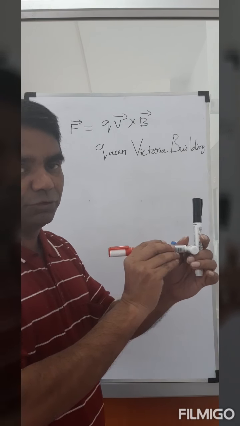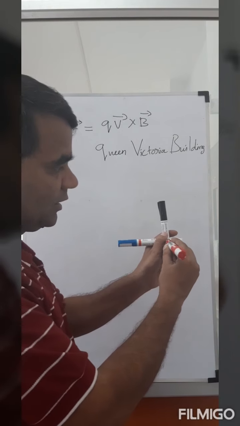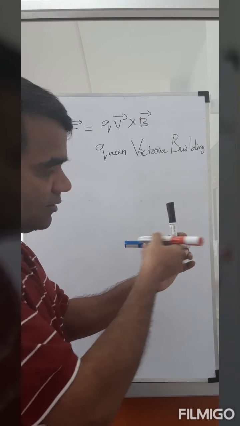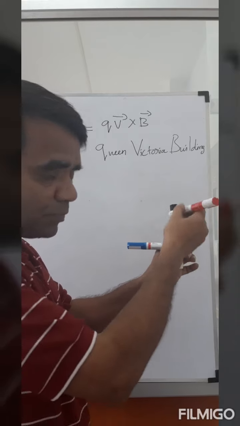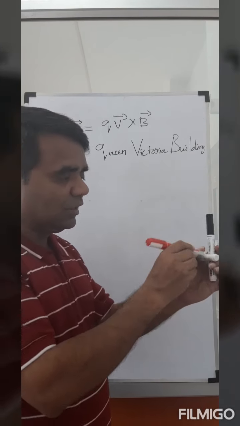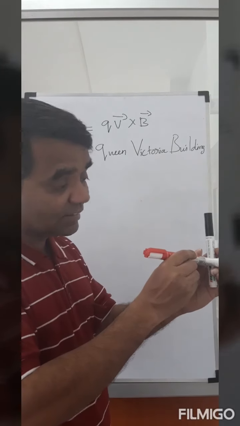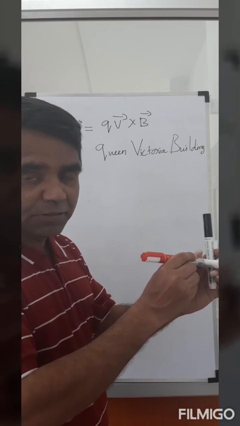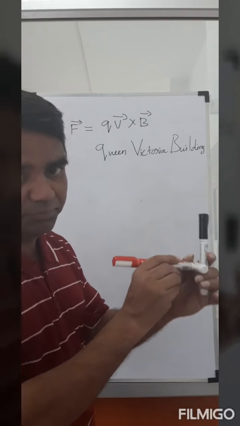Red is the direction of the force. So notice here that velocity and the magnetic field are perpendicular to each other, and the force vector at that point would be perpendicular to both of them.